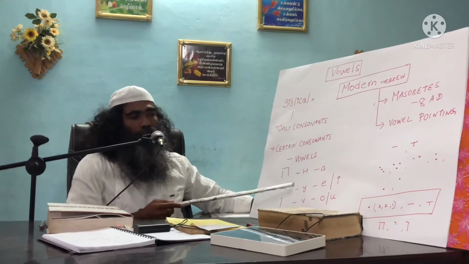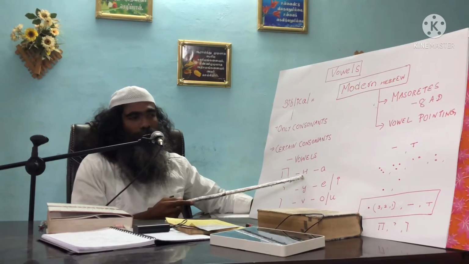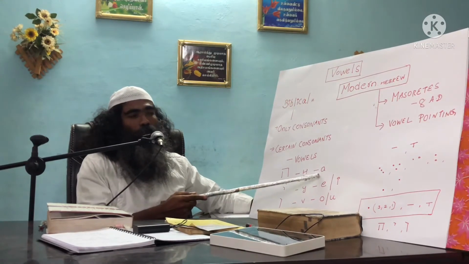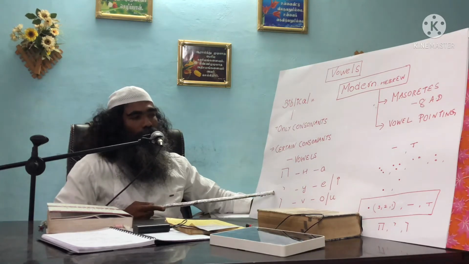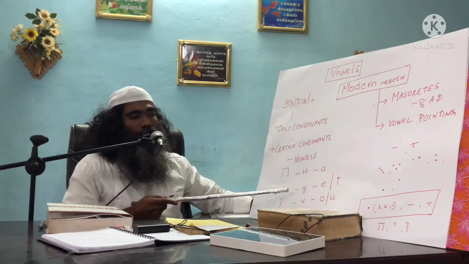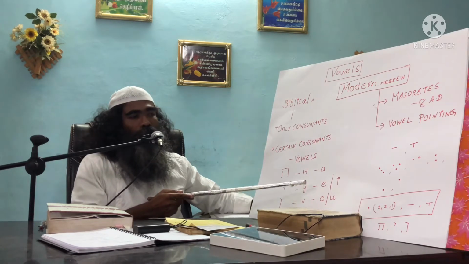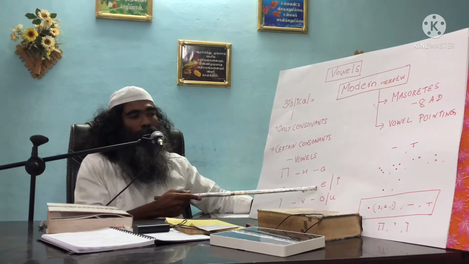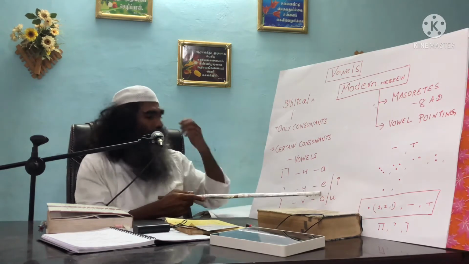Het, which is pronounced as ha, is equivalent to the vowel sound a. The second consonant used as a vowel is Yod, which is the sound ya. It is used for the vowels a, i.